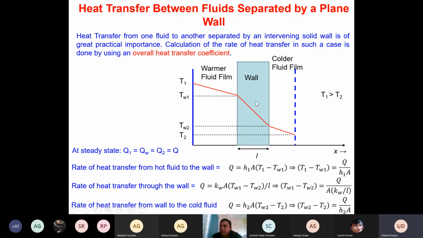So if you change this wall by some other element, what is going to change is this TW1 and this TW2, because these gradients are going to change, but not the heat transfer coefficients. Heat transfer coefficient will not change unless you change the parameters of the fluid. That means you are changing to a different fluid. Other than that, these heat transfer coefficients are not going to change. Does it make sense? Yes, sir.